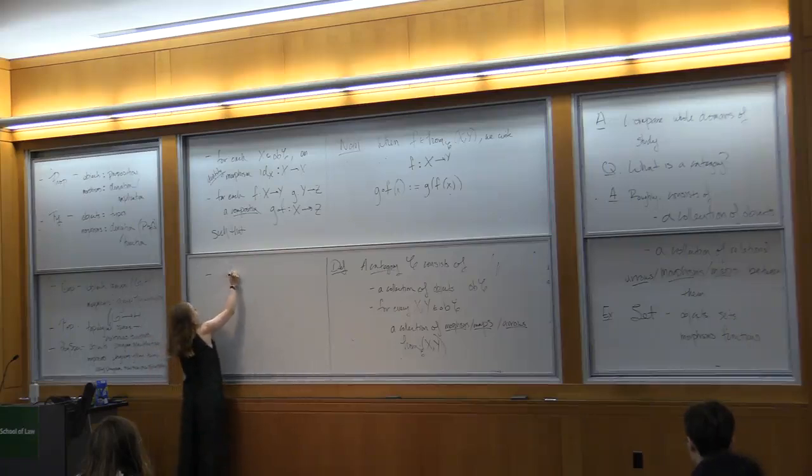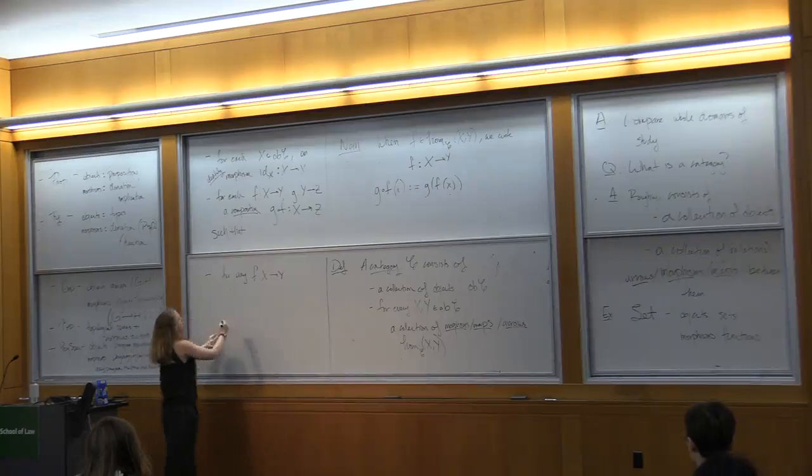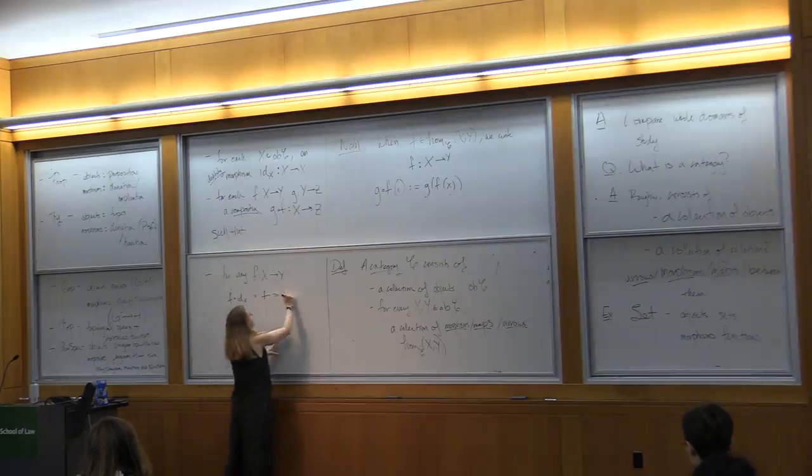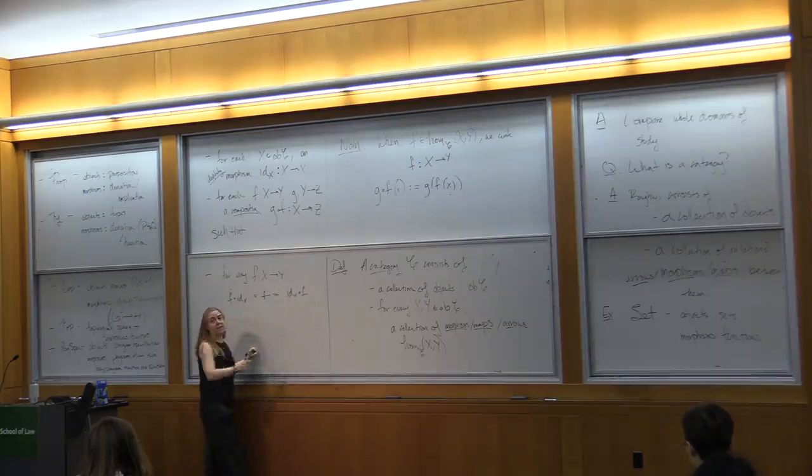So for any f from x to y, for any x and y, if I do the identity on x and then I do f, that is equal to f, which is also equal to first doing f and then the identity on y.